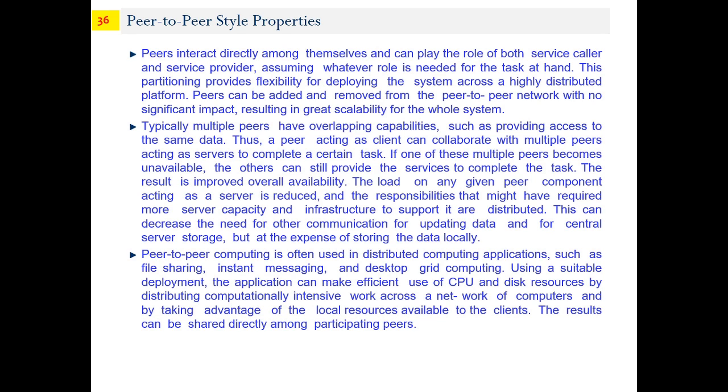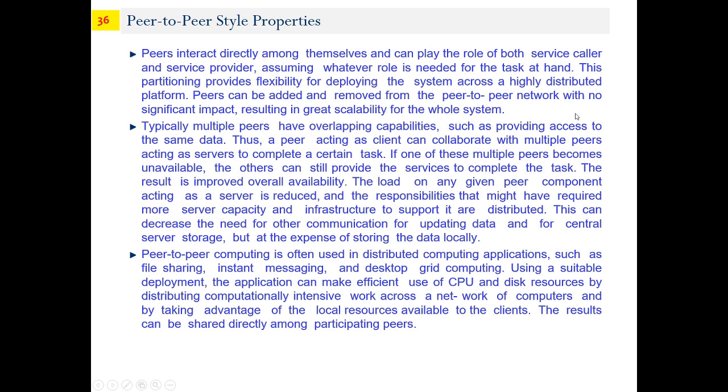So these are the properties in text. I'll be picking up only the important points from this. Just see that peers can be added or removed. Here you can see that flexibility is there.